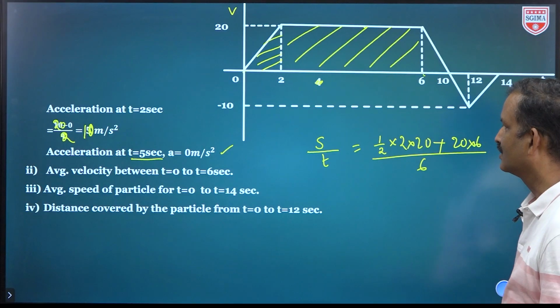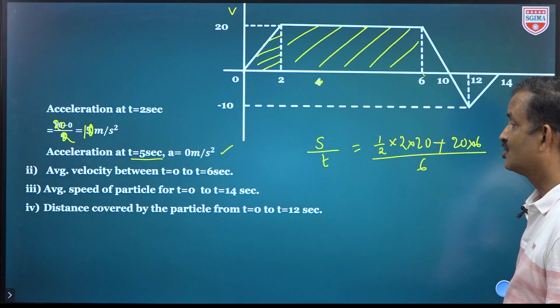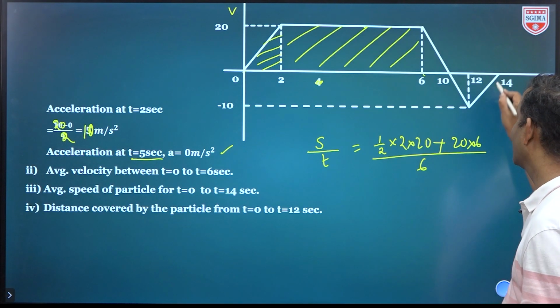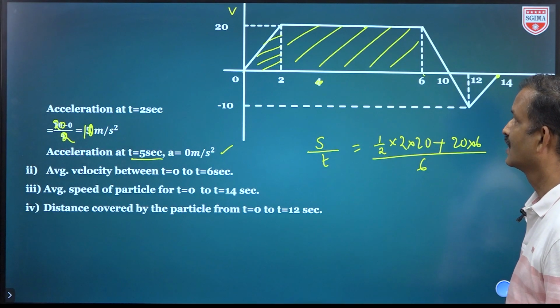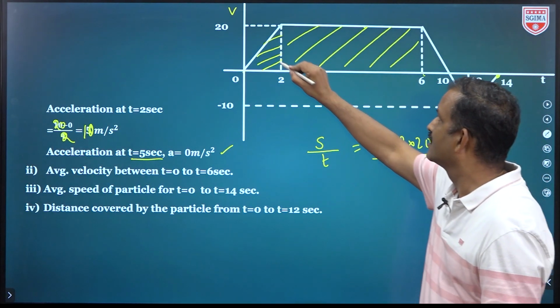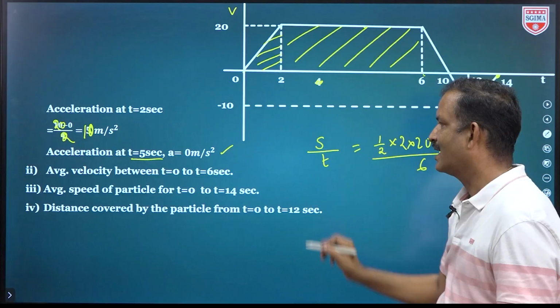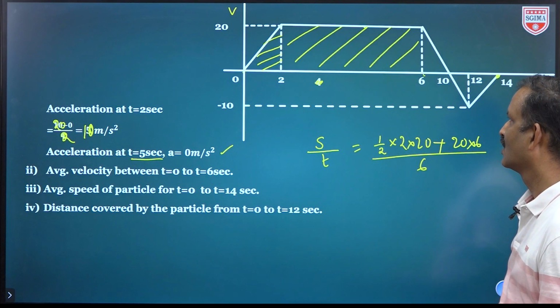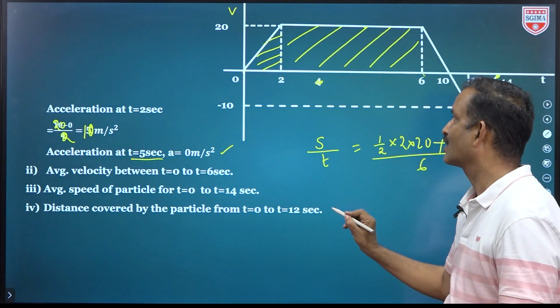Average speed of the particle from t is equal to 0 to t equal to 14 seconds. Average speed means total distance by total time.